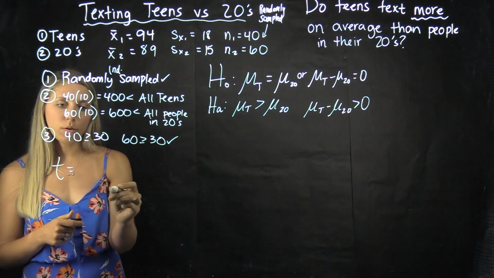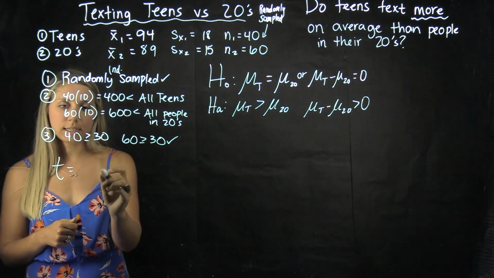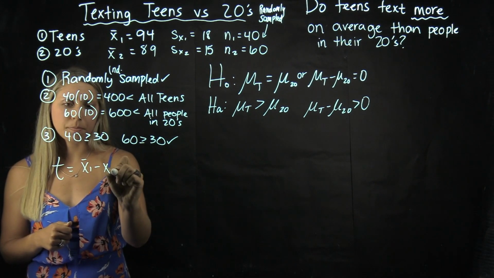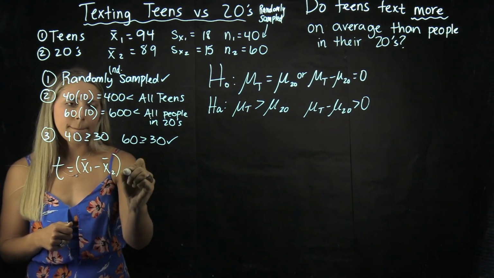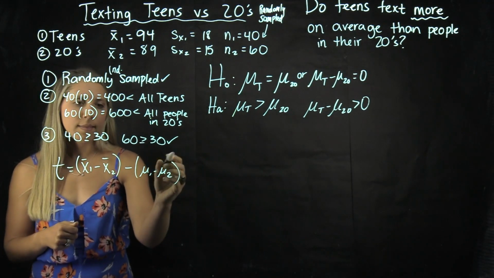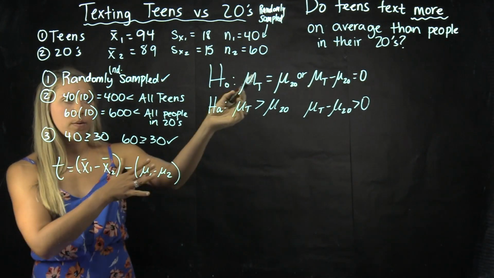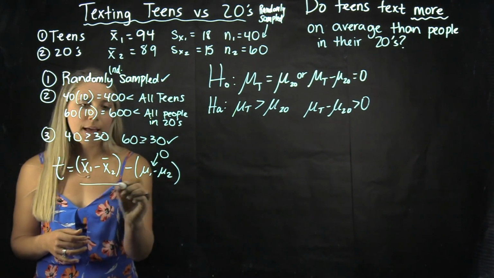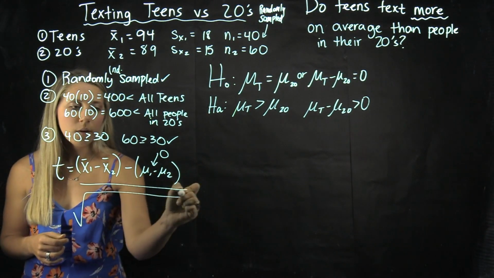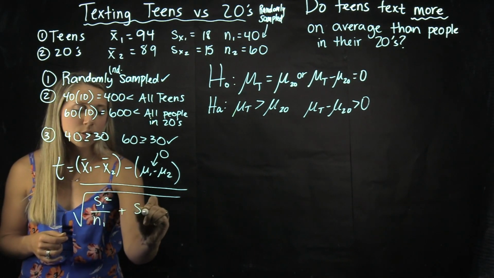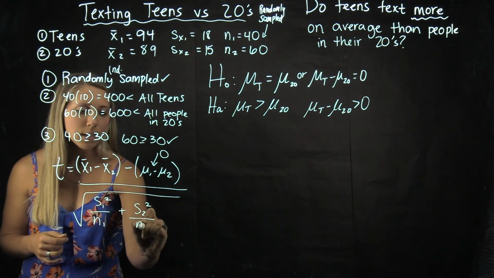The broad formula for this is that t equals x bar 1 minus x bar 2 minus mu 1 minus mu 2. In this case, we're assuming our claim was that this is 0. And then all over the square root of s1 squared over n1 plus s2 squared over n2.